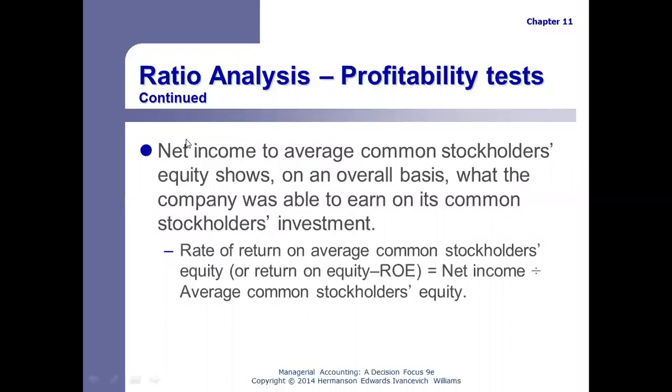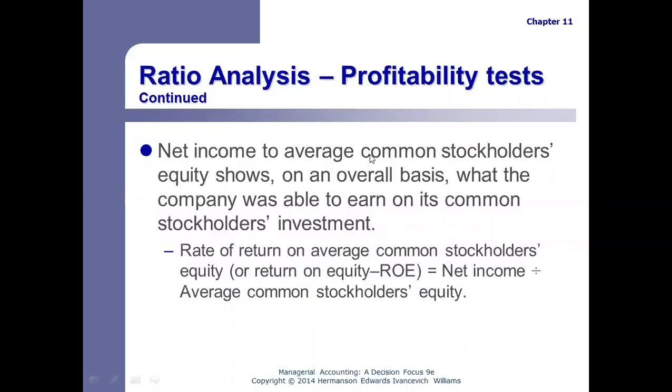Another ratio is net income to average common stockholders' equity, and the formula is net income divided by average common stockholders' equity. You remember stock has two different classifications: common stock and preferred stock. This particular ratio just uses common stockholders' equity. So how much money did common stockholders put into the company?